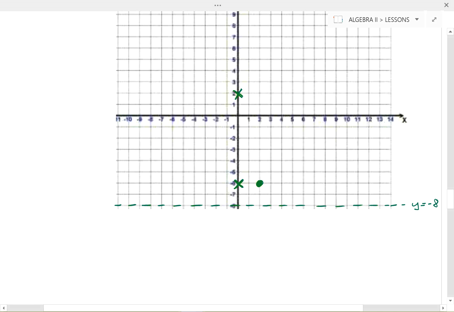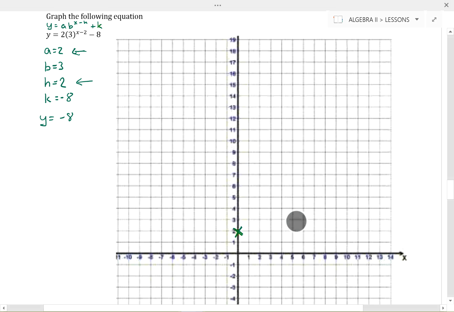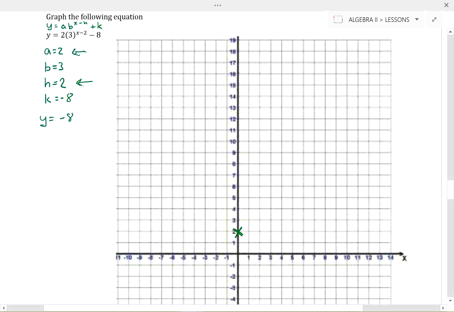And this is where that point exists. That point exists at that location rather than up at our initial value of 2 on the y-axis because of our vertical and horizontal shifts, h and k.